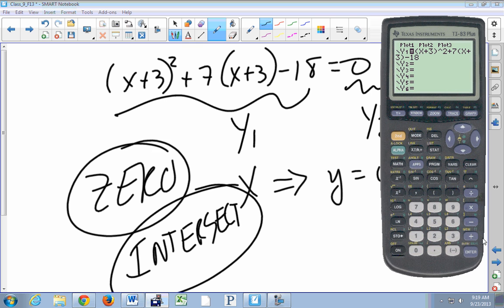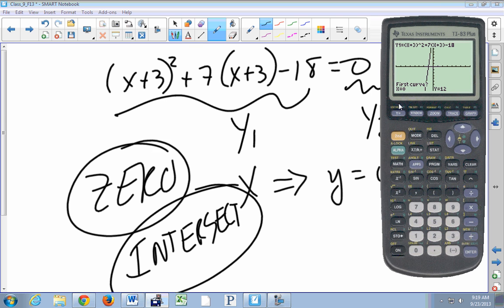If you set a second equation and say y2 is going to be the x-axis, which is y equals 0, because all the values along the x-axis, y is 0, then you're going to use your intersect command. Second calc, intersect. It's going to graph it for you. You can't see what's happening up above, but you do want to.